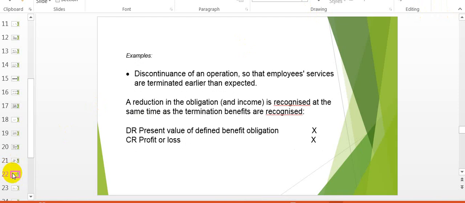The next example is where an entity discontinues an operation so that employee services are terminated earlier than expected. This means that there is a reduction in the obligation.